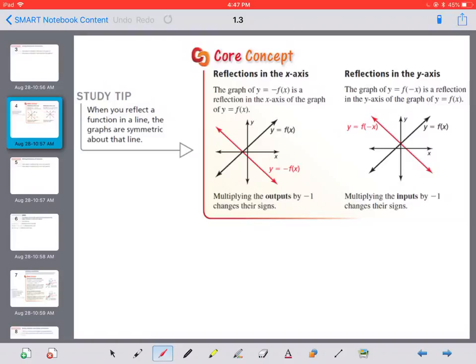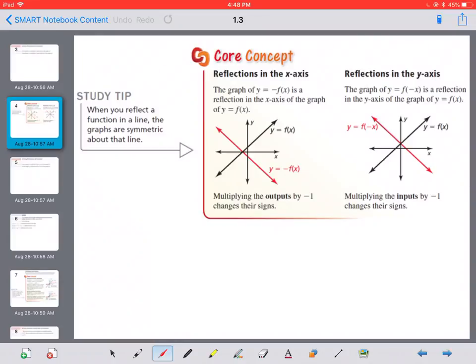If the y was positive, when we reflect it in the x-axis, it is now negative and on the downside. In order to get that accomplished, we take the y and we negate it, which makes it the opposite of what it was. The f of x is the y. So in order to reflect in the x-axis, we're going to negate the f of x.